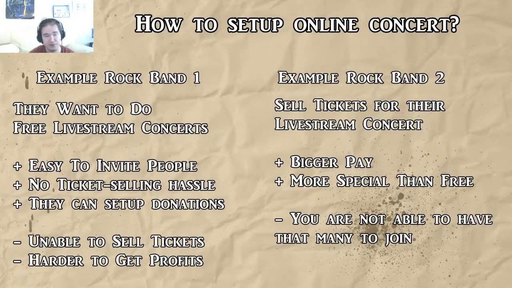So example rock band 1, they have a really easy time to invite people because everyone can join. But example rock band 2, they have bigger pay, but fewer people to join. That is essentially what we're looking at here when setting up this band. I'm going to now show the easy ways to make these examples possible in order for you to have a band situation.